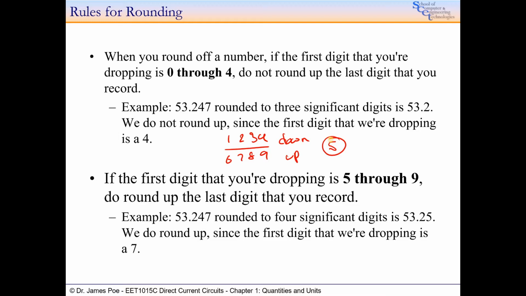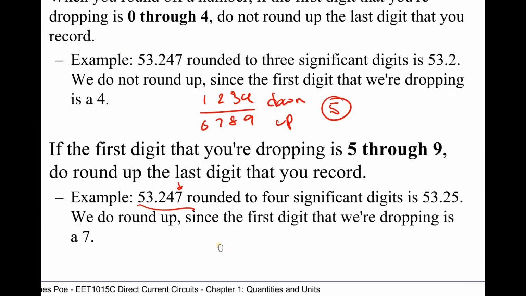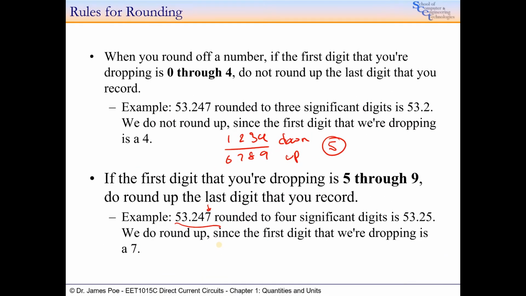So, let's take this example right here. I have 53.247. Well, that's an easy case, right? Because this is a 7, we would round that up to 53.25.